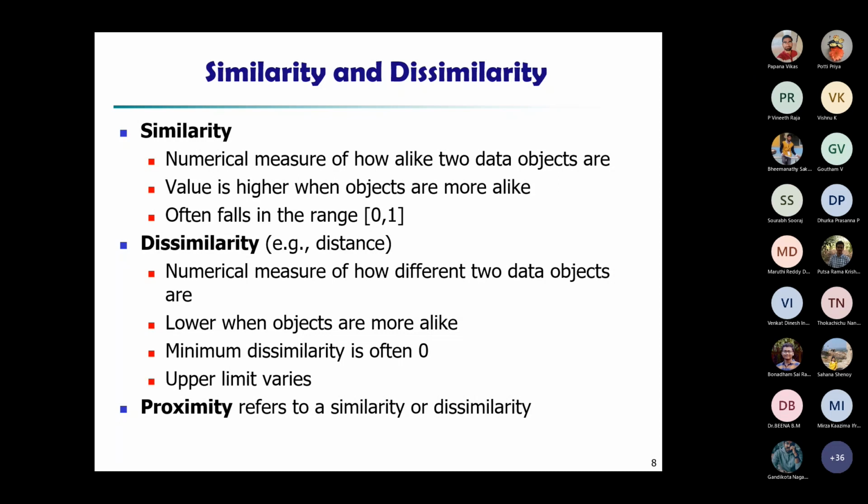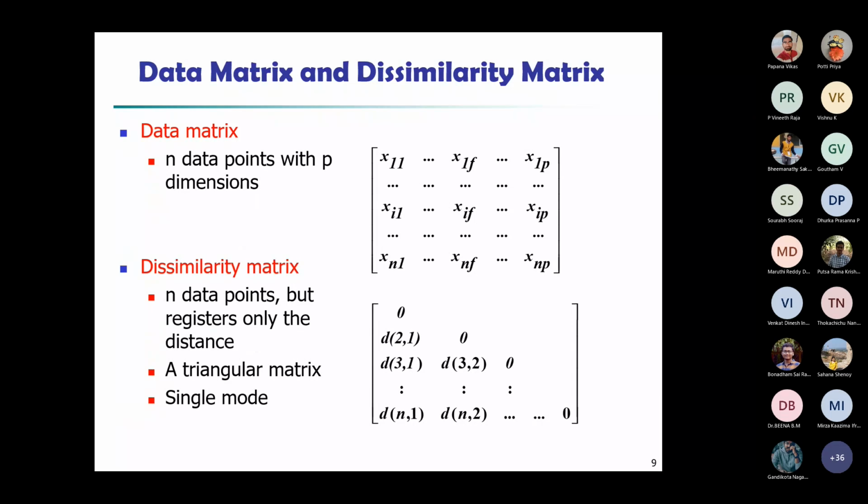Proximity is either similarity or dissimilarity. Now we even discussed data matrices and dissimilarity matrices. A data matrix means you're just putting your instances and your attributes in matrix form.